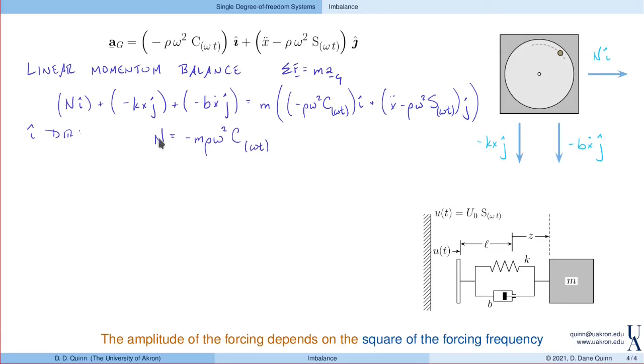The amplitude of the normal force scales like the frequency squared, so as this rotates faster and faster, this normal load increases in magnitude. What about the j direction? Well, the forces are minus kx minus b x dot, and that equals m times the acceleration in the j direction, which is x double dot minus rho omega squared sine omega t.